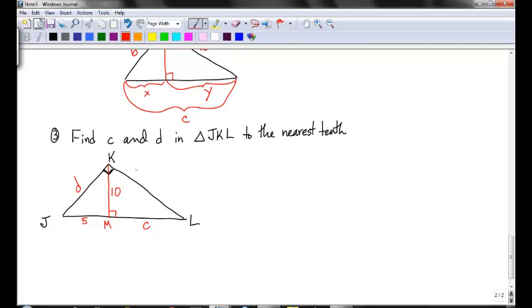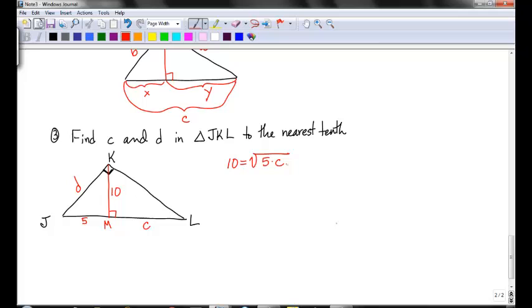Okay, we have to find D and C. Let's find C first. The altitude, 10, is equal to the square root. The altitude is the geometric mean between these two parts. So 5 times C. How do I get rid of that radical?